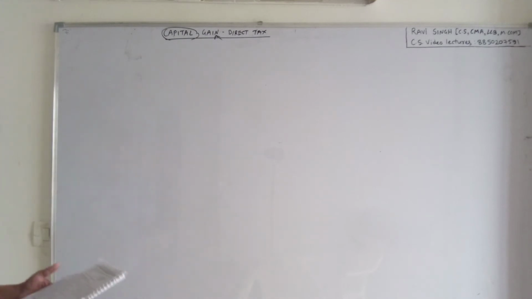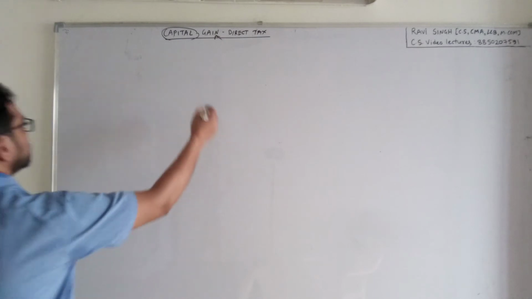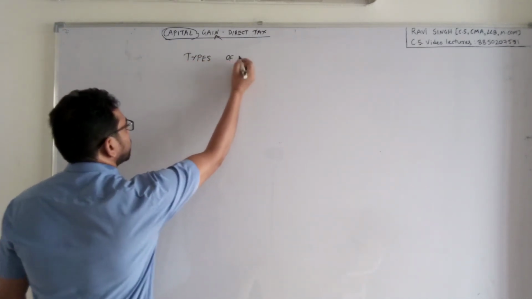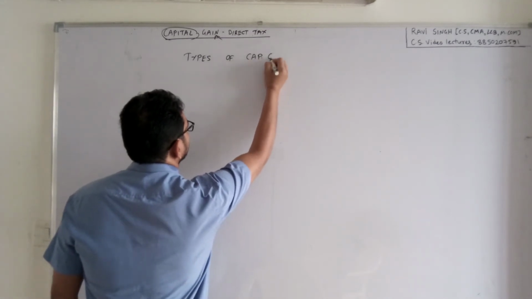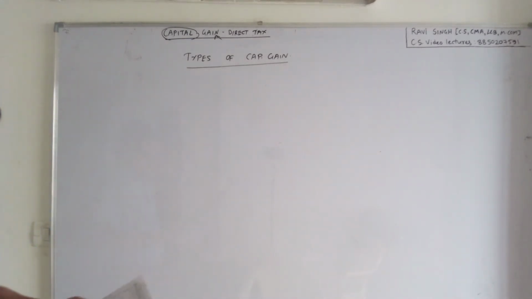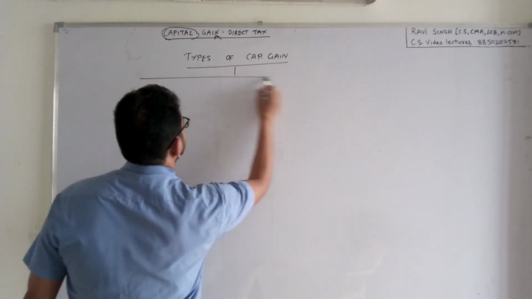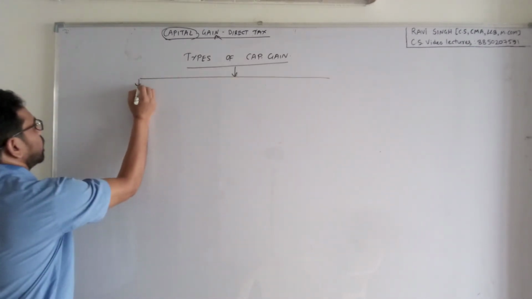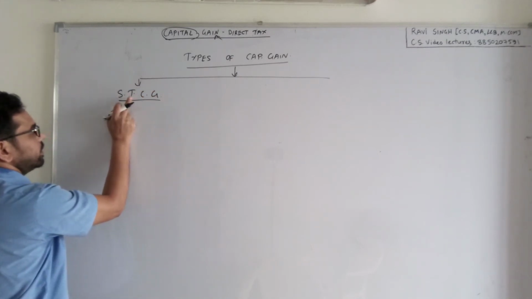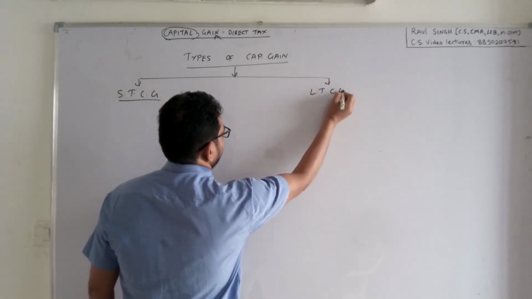Now the next point in your notes is types of capital gain. So there are two types of capital gain. First one is short-term capital gain, and next one is long-term capital gain.